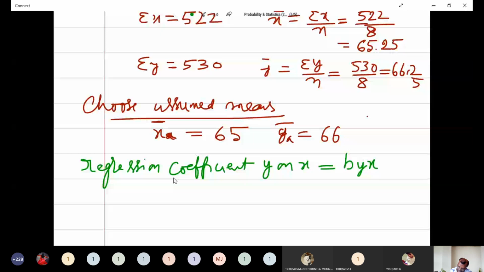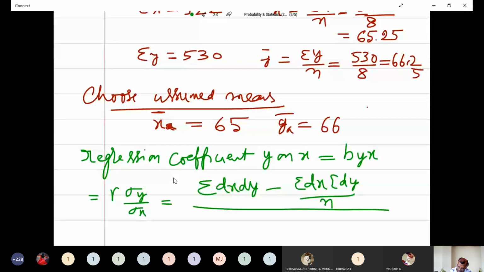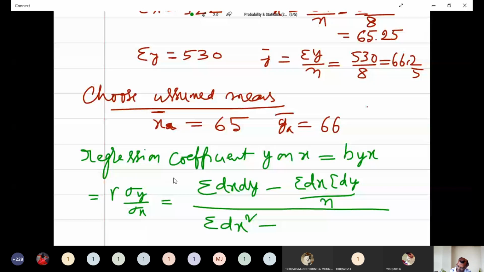Summation dx dy minus summation dx summation dy by n, whole divided by summation dx square minus summation dx whole square by n. Now we have to substitute the values of summation dx, summation dy, summation dx dy in this formula. Shall I move to the next page? Yes, sir.